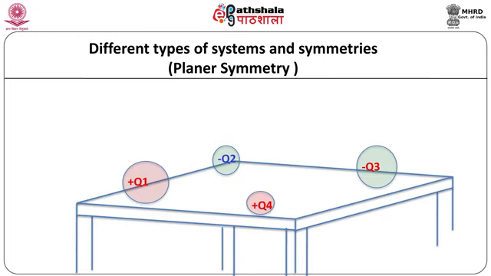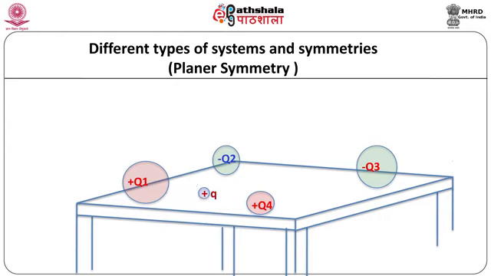Now, here is a system of 4 charge conducting spheres held fixed on the smooth horizontal surface of a table. A tiny bead with positive charge plus q is kept near the first spherical conductor with charge plus q1. When made free, how the bead will move on the surface of the table under the action of attractive and repulsive forces?